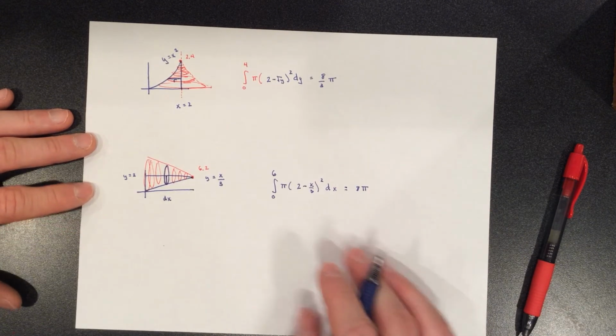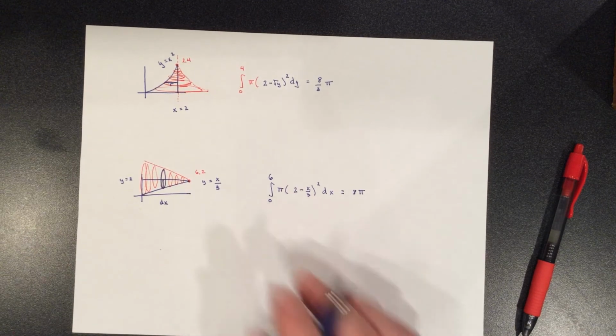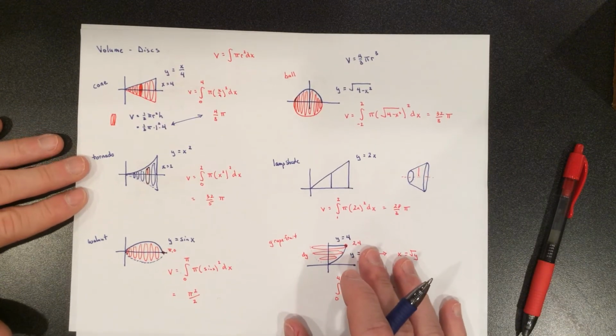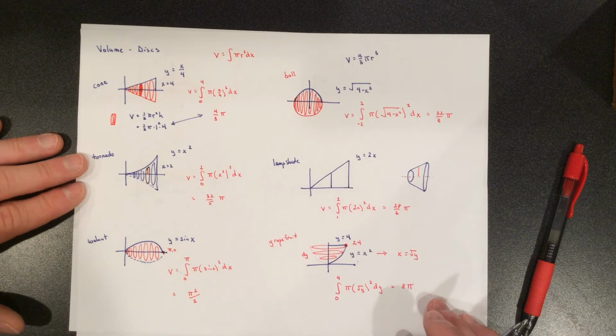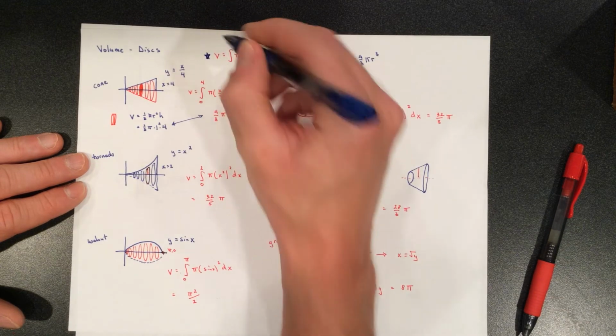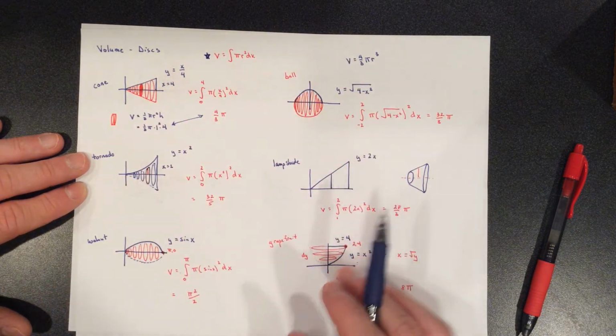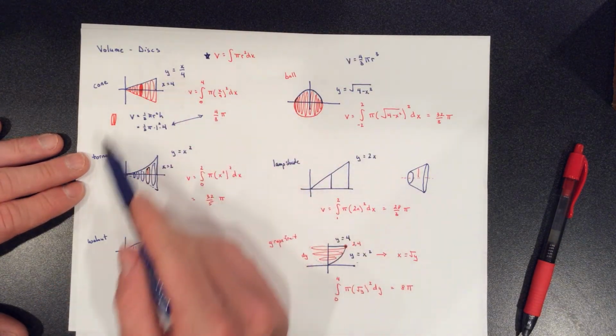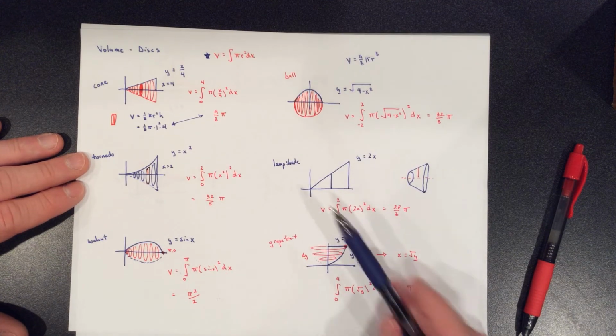Okay, so I kind of tried to take you through all the scenarios of all the different volumes of these things using discs. Here's the first one again. We can get all these different shapes. The key for discs is that we always use this formula, and if you look here, there's no holes. All of these are solid objects.